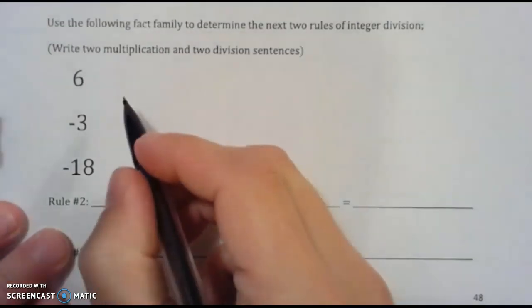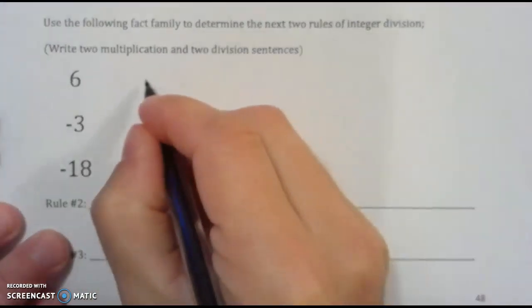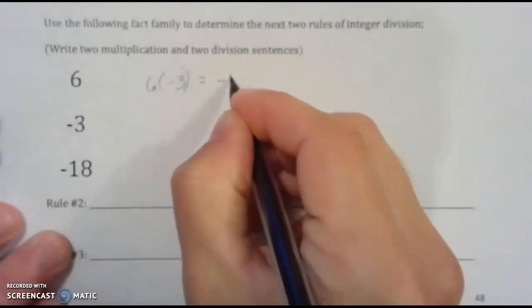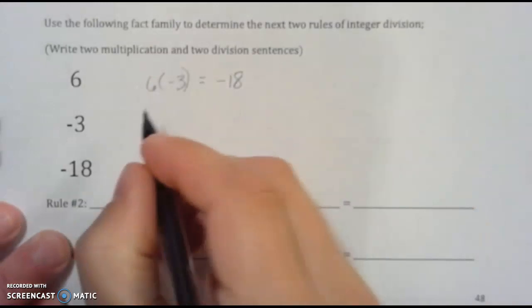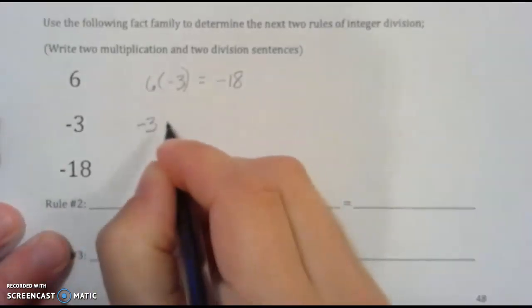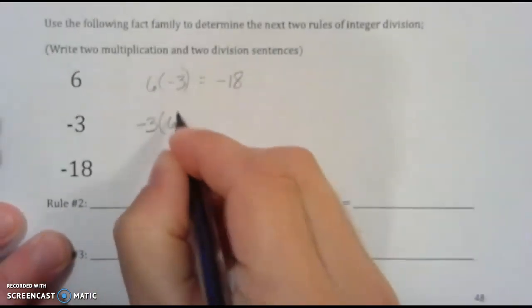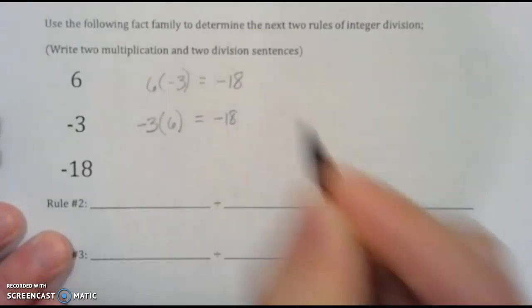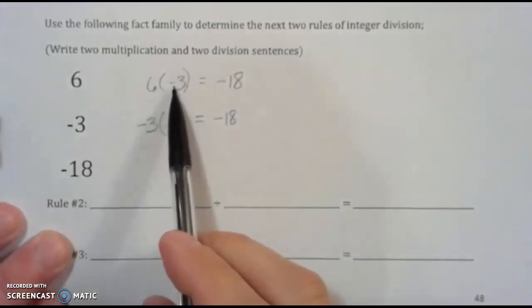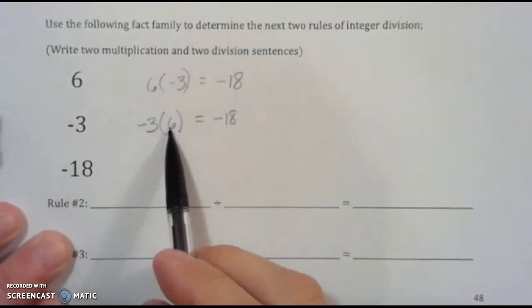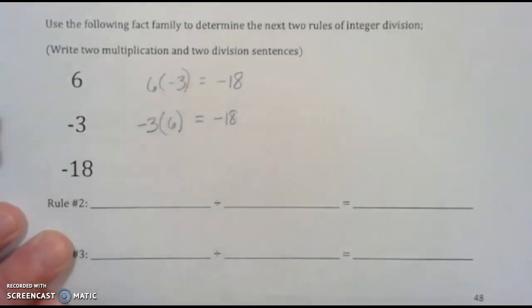I know from multiplying that 6 times -3 is equal to -18. I can also switch the order and say that -3 times 6 is equal to -18. And again, a positive times a negative or a negative times a positive, in each case, I get a negative answer.